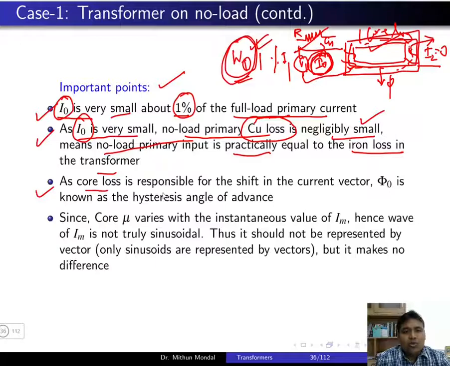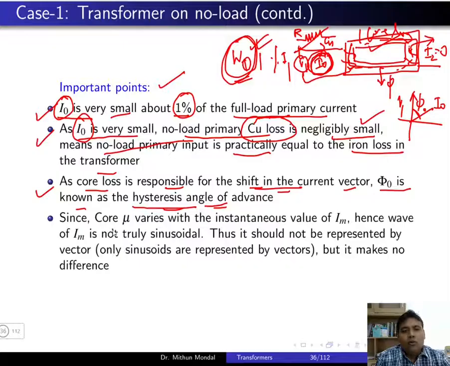As the core loss is responsible for the shift in the current vector, phi naught is known as the hysteresis angle of advance. We have seen that there is a no load component of the current I naught, and this angle phi naught, the angle with the supply voltage V1, is due to the shift in the current vector, and it is known as the hysteresis angle of advance.